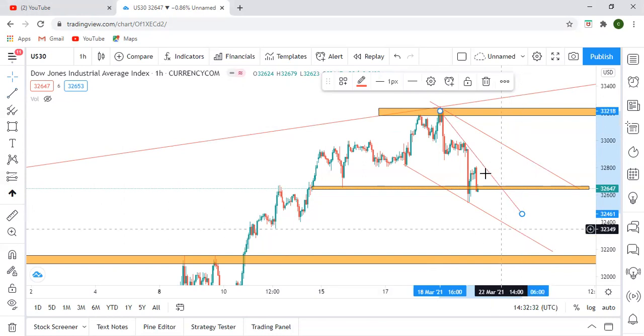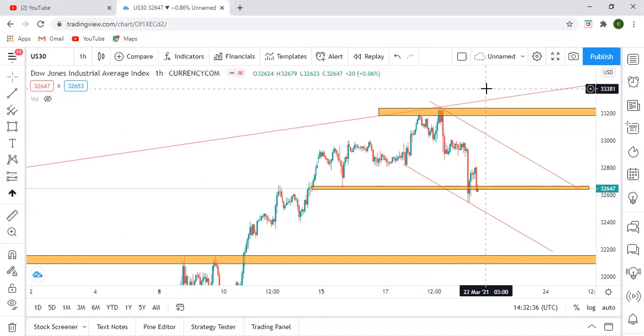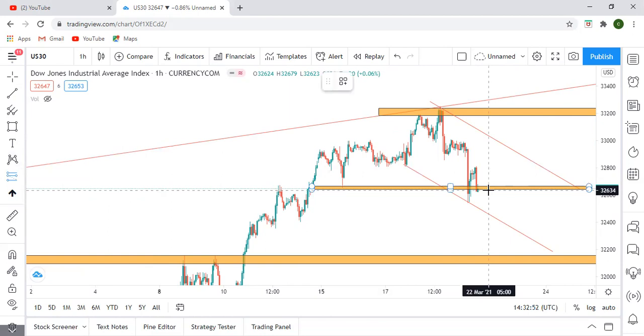But the safest entry that I see is the market coming to break this support, and then we wait for a retest. If the market gives us a retest, we're going to hold until this zone. So your first take profit will be here. Let's go short on US30.